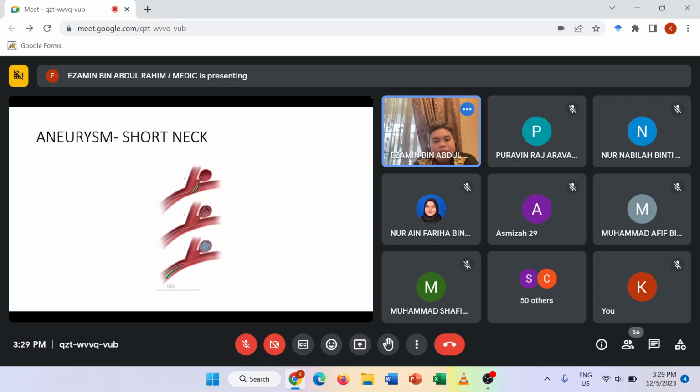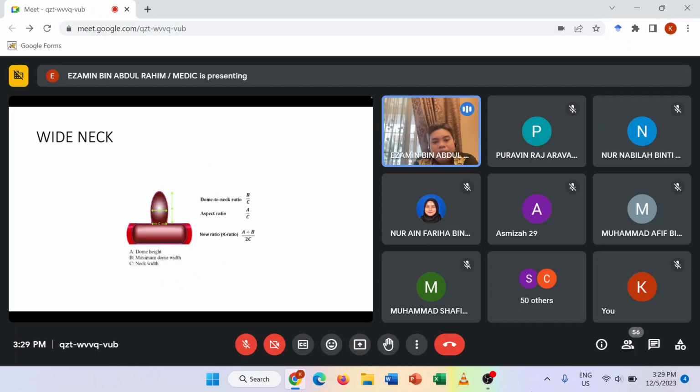Alright. Just to show you the aneurysm classification, short neck and wide neck. Wide neck is when the neck of the aneurysm is large, and the treatment is different.